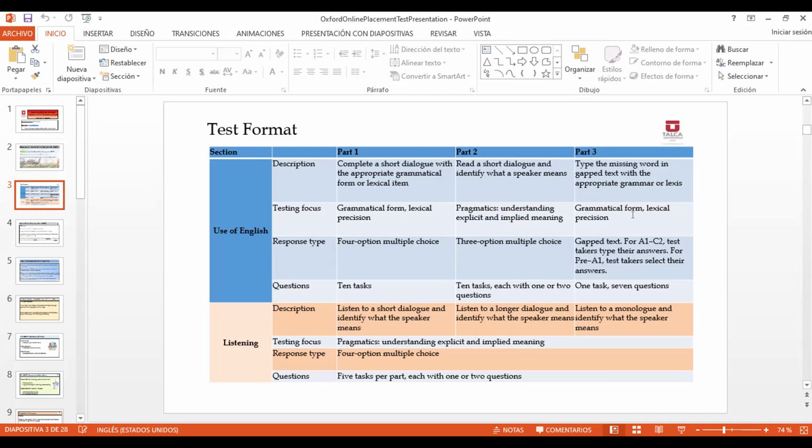And then we have a gap text in which you are tested in grammar and lexical precision, so grammar and vocabulary. And there you have to write the correct word. The same happens with listening.